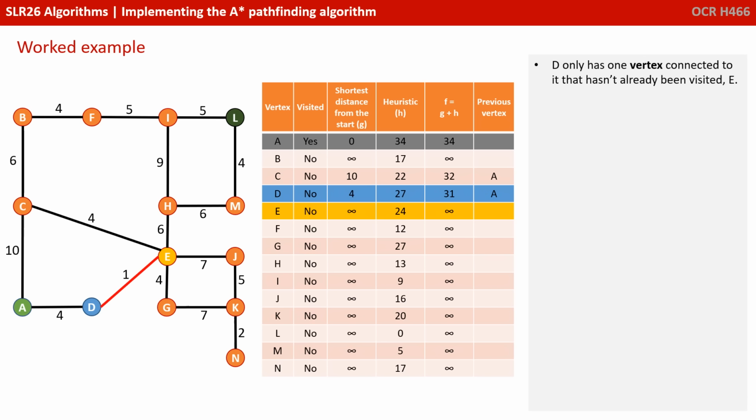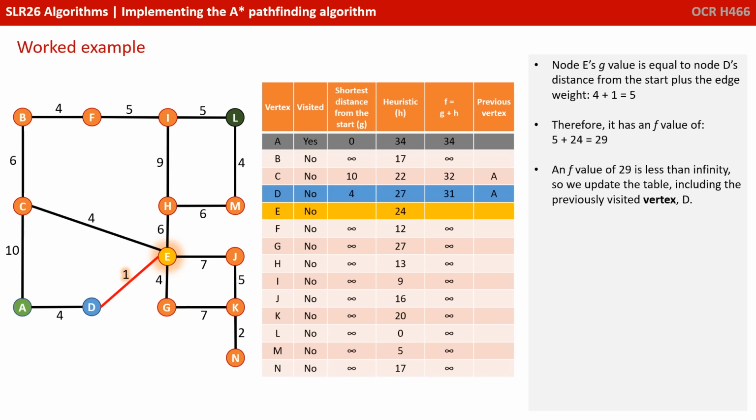D only has one vertex connected to it that hasn't already been visited, and that's E. Node E's G value is equal to node D's distance from the start plus the edge weight, so that's 4 plus 1 equals 5. Therefore, it has an F value of 5 plus its heuristic of 24 equals 29. An F value of 29 is less than infinity, so we update the table, including the previously visited vertex, which in this case now is D.